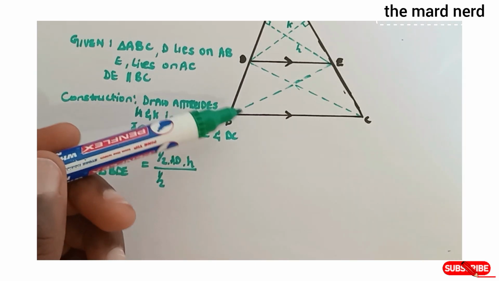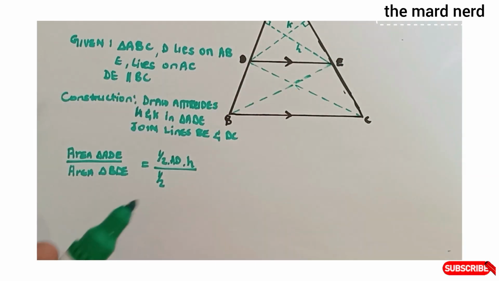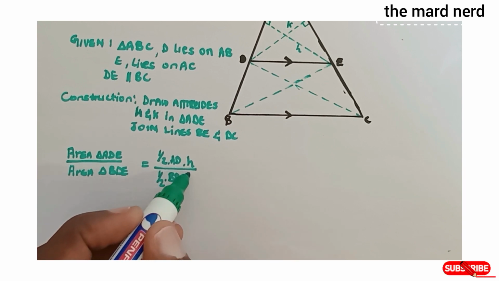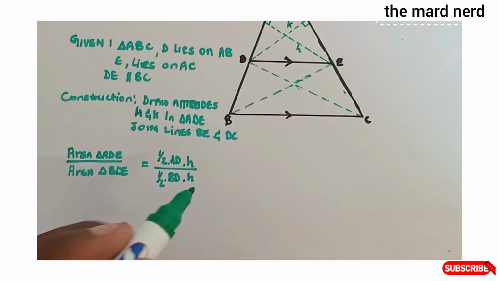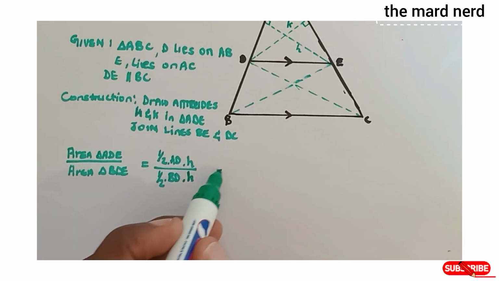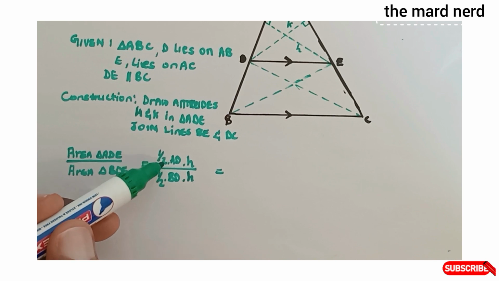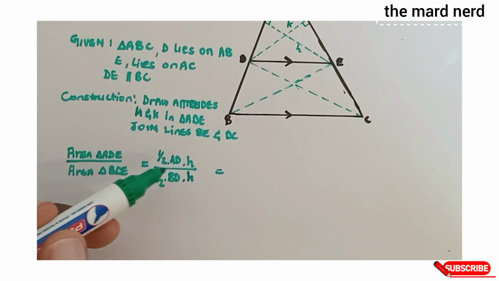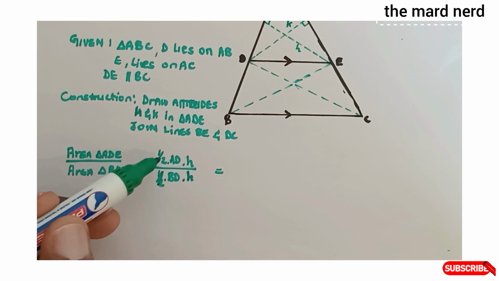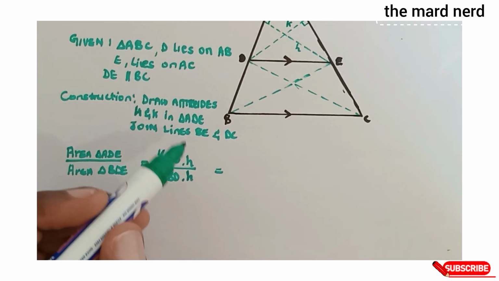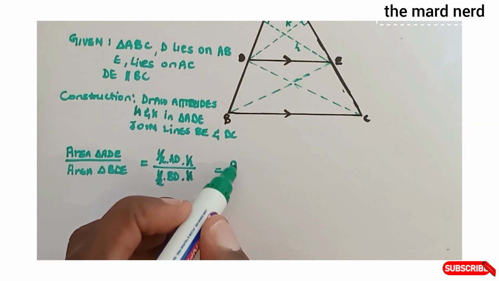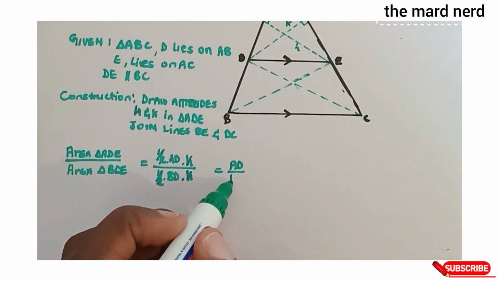The base of BDE is BD, and the height of BDE is the altitude h over there. And then we say here half times AD times h. We have a half here and a half here, we can easily cancel them out, and then we have an h here and an h, and we can cancel them out, and we are left with AD over BD here.